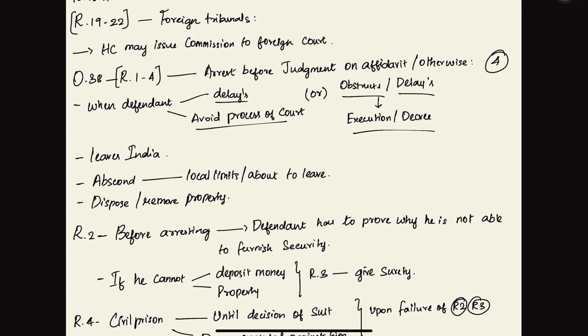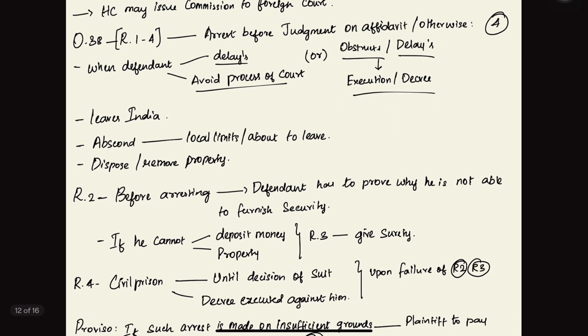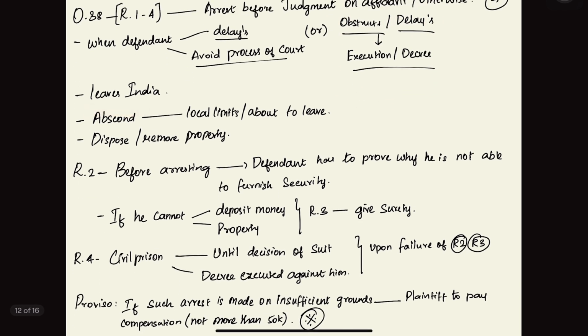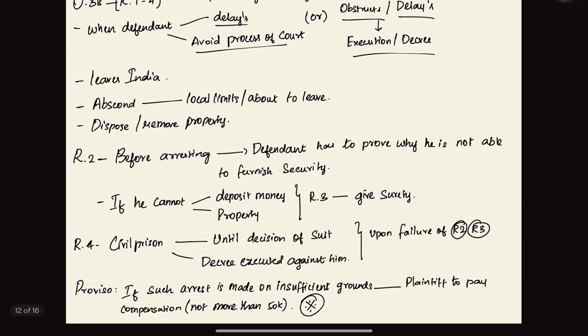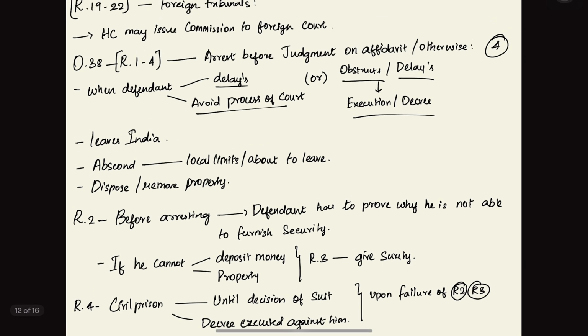When there is intention on the part of the defendant to avoid the process of the court, or he obstructs or delays the execution of a decree, in such a case the defendant can be arrested, or when he leaves India, or he absconds from jurisdiction, or is about to leave the country or that particular territorial jurisdiction, or he will dispose of or remove property in an unlawful way.